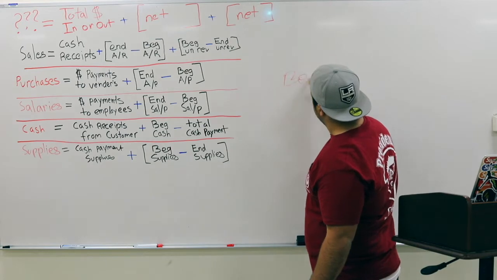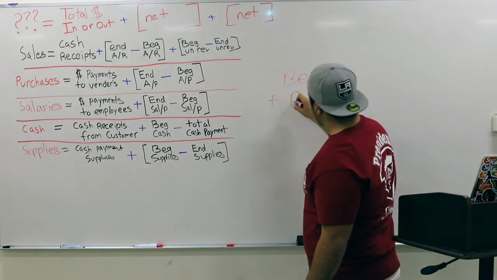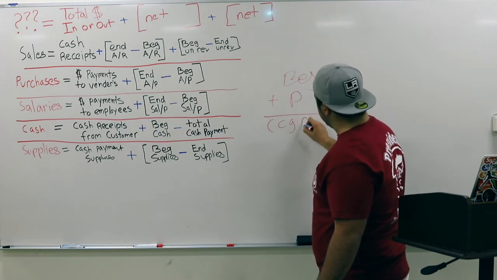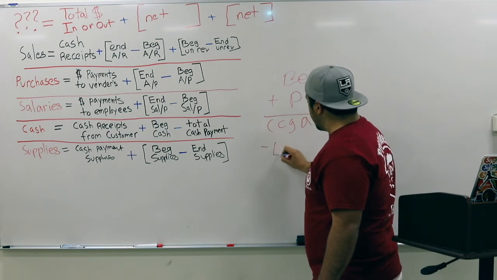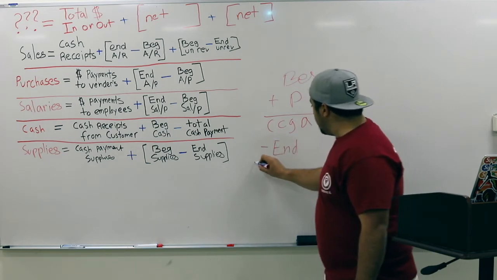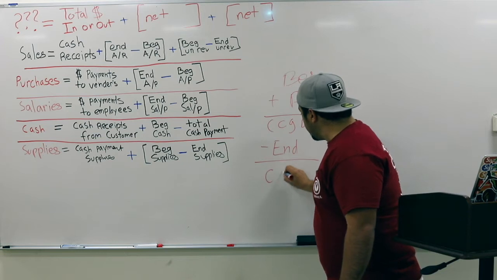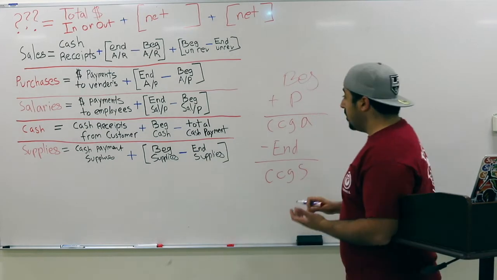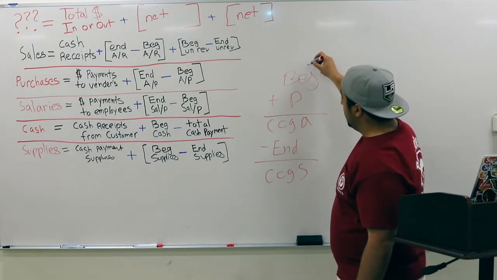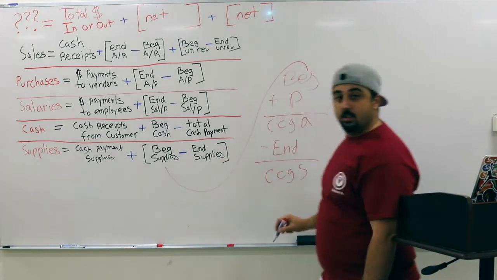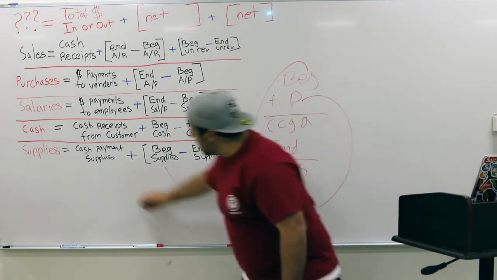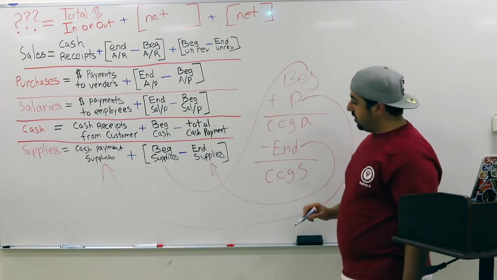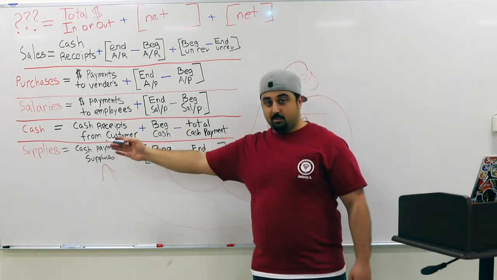Beginning plus purchase, cost of goods available, minus ending equals cost of goods sold, or used, for supplies purposes. So this one goes over here, this one goes over here, this one goes over here, and bam, you get your supplies.